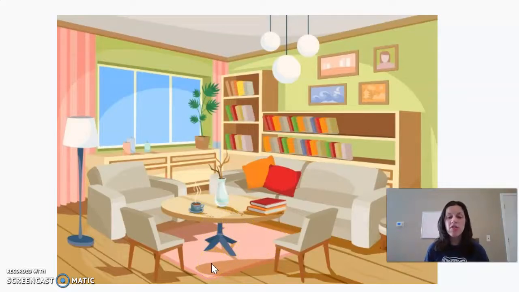Now, we also learned about in front of and behind. That's what we talked about yesterday. So, what about this couch? Is this couch in front of or behind this bookcase? The couch is in front of this bookcase. You can still see the bookcase, but you can see that this couch is in front of this bookcase.